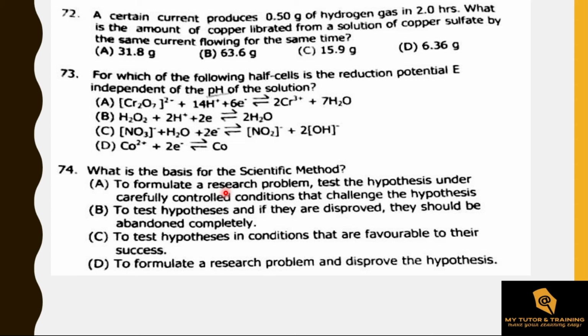A, B እና C ተመልከቱ። A, B እና C ሃይድሮጅን አየን እና ሃይድሮክሳይድ አየኖች አሉ። ሃይድሮጅን አየን እና ሃይድሮክሳይድ አየን ያለባቸው ሪዳክሽን ፖቴንሻሎች በpH ላይ ዲፔንድ የሚሆኑ ናቸው። ግን የሃይድሮጅን እና ሃይድሮክሳይድ የሌለባቸው በpH ዲፔንድ አይሆኑም። So for question number 73, the only choice without hydroxide and hydrogen ion is D. So the answer for question number 73 is D.